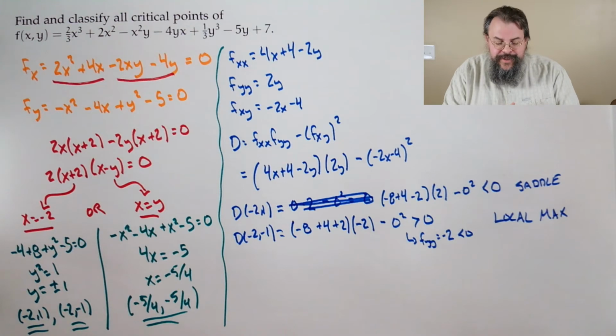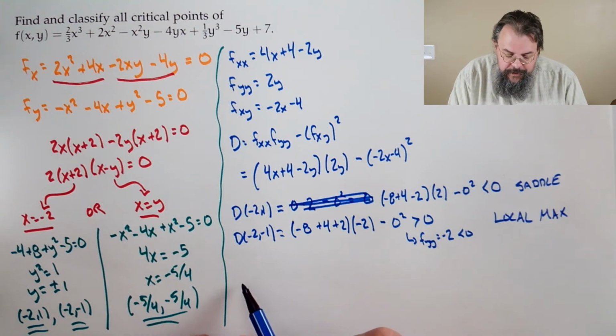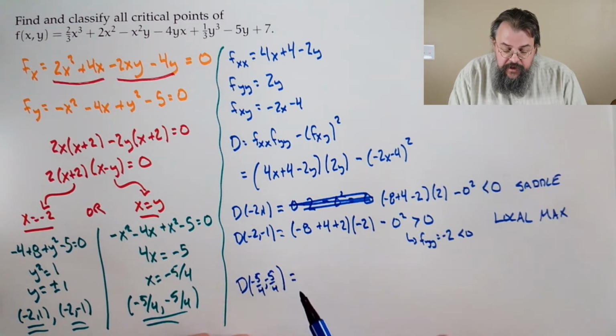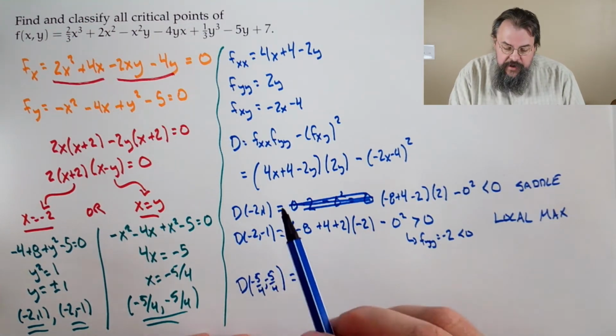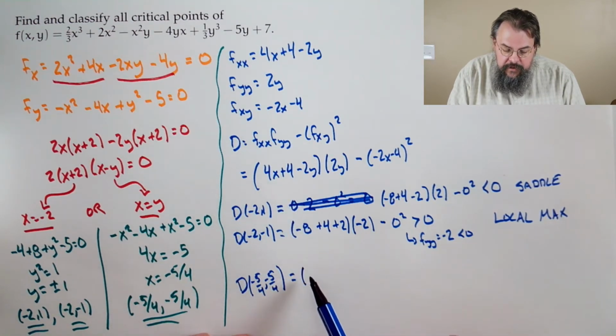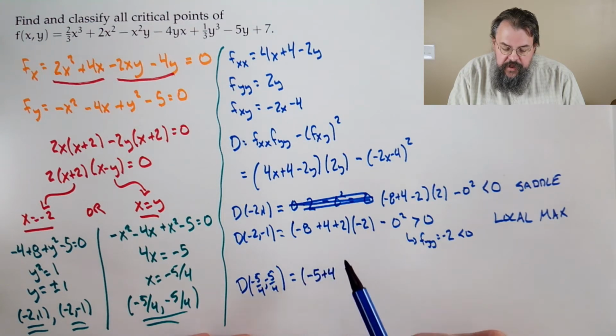Now, one more point. This one will be the interesting one. Let's see what happens. Negative 5/4, negative 5/4. Okay, so negative 5/4 times 4, that's minus 5, plus 4, and minus 2 times minus 5/4 is minus 5/2.